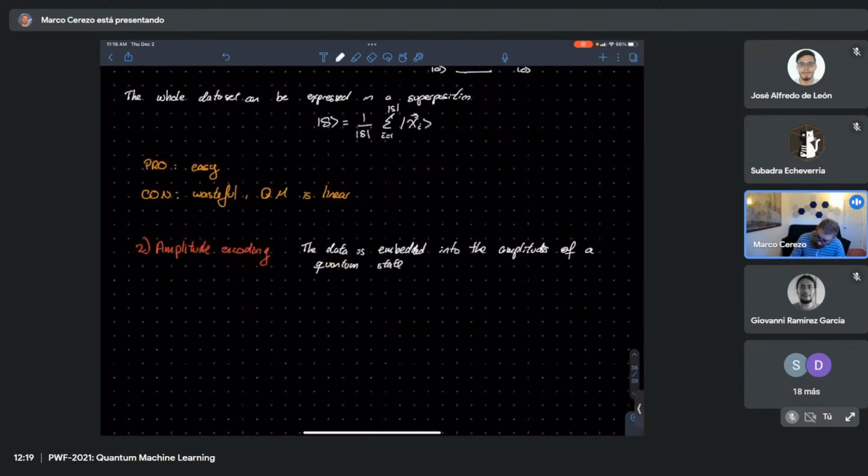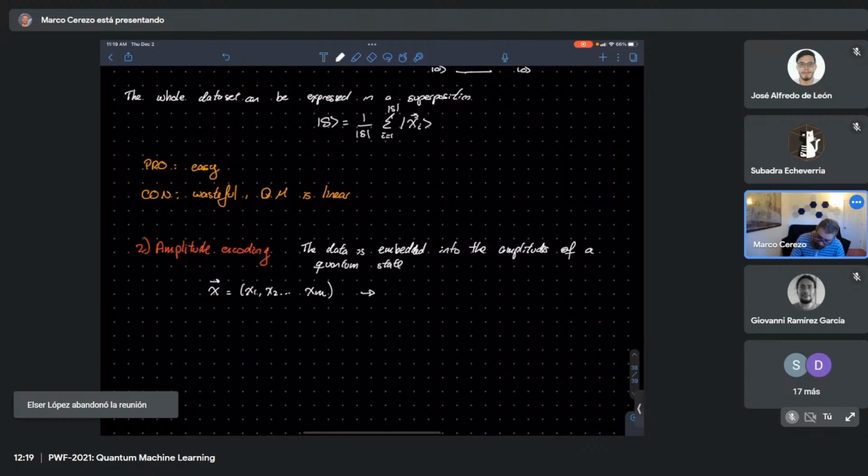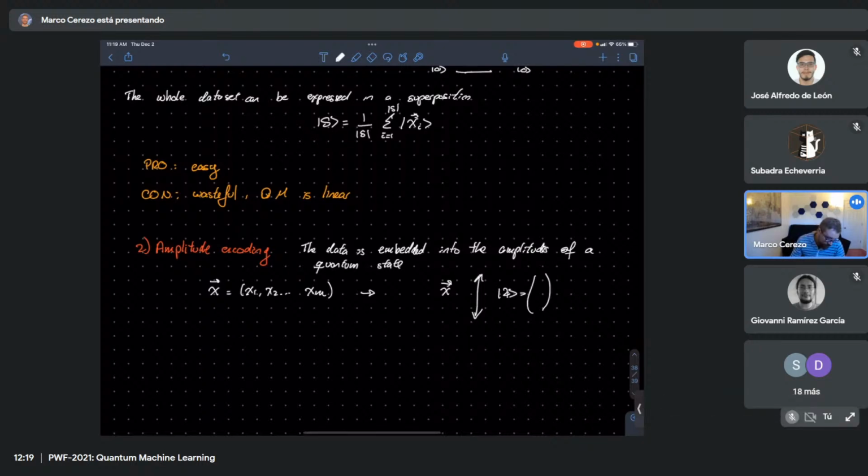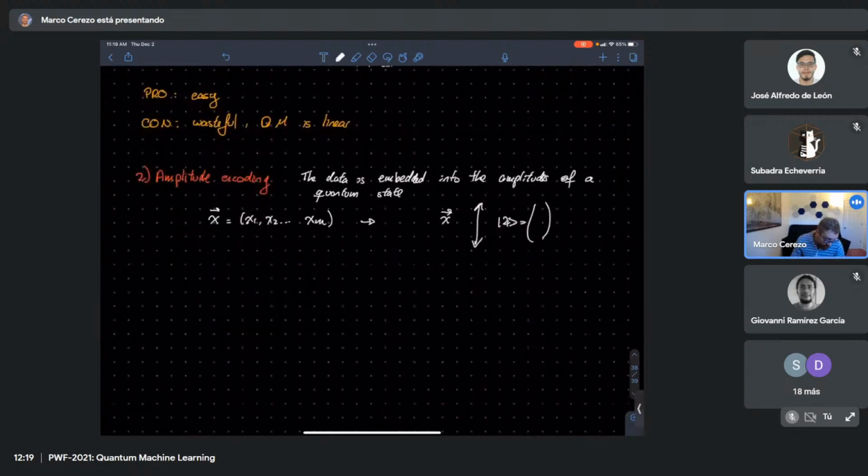What we do is take x, which is going to be a real-valued vector, x1, x2, up to xm, and express it as a quantum state. We're going to take this data and just put it into the amplitudes, the coefficients, of a quantum state psi, right?